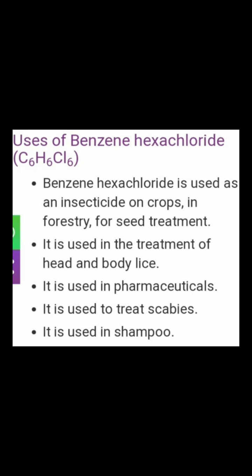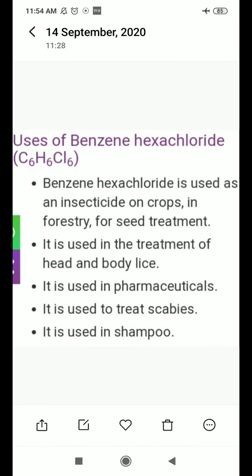One brand is there, that is Lindane shampoo. Lindane shampoo is indicated for the secondary treatment of pediculosis, that is lice, when the patient cannot tolerate other approved therapies or has failed treatment with other approved therapies.